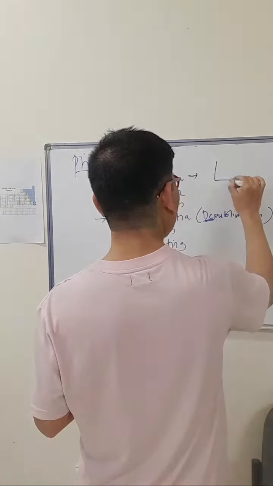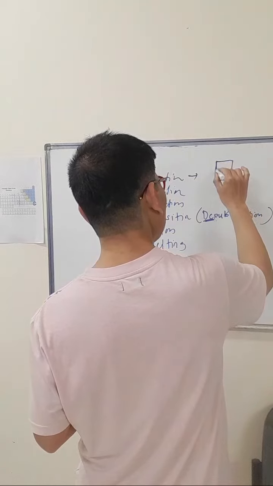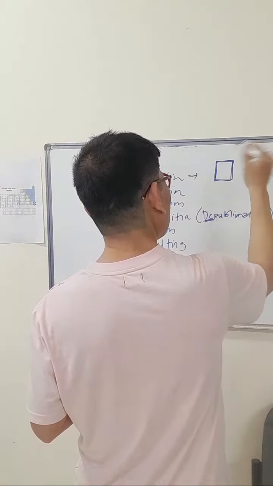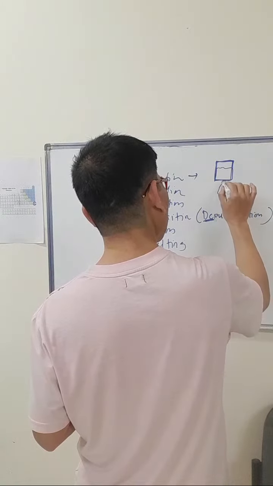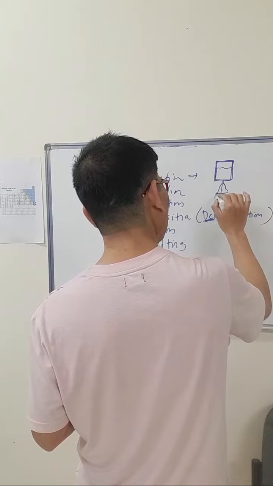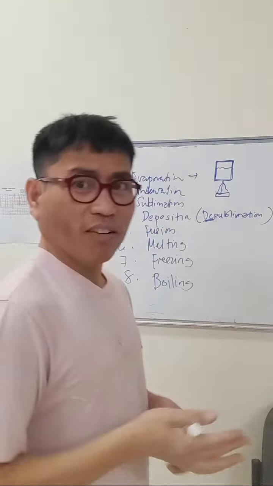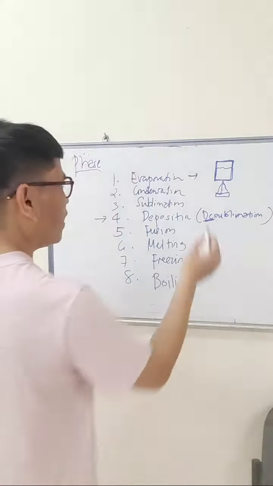I will put it in a beaker or a flask, graduated cylinder, or pitcher, whatever. I put water here and there's a heat here. The heat could be an oven or an electric plate, whatever I use.